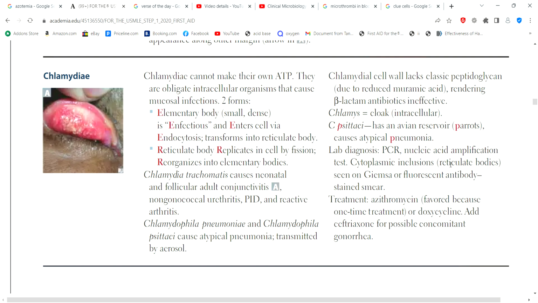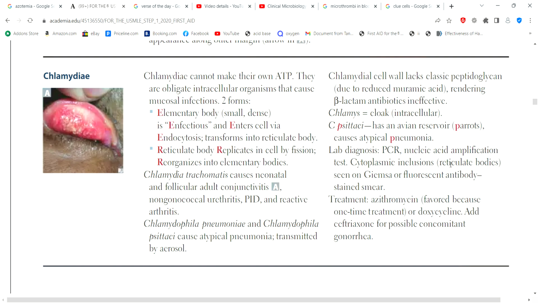What are elementary bodies? Let's look. Elementary bodies in chlamydia infect the host when cells ingest the elementary bodies through receptor-mediated endocytosis. Once inside the cells, elementary bodies differentiate into reticulate bodies, which are metabolically active and non-infectious.